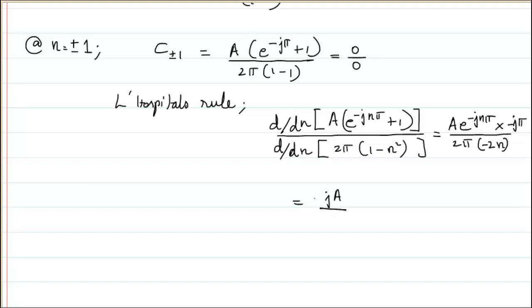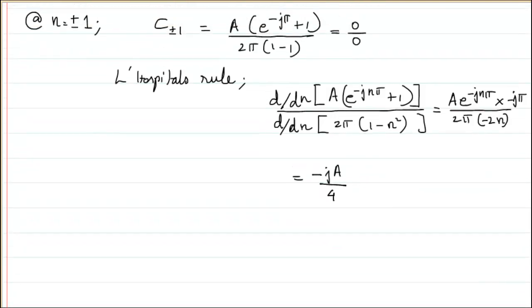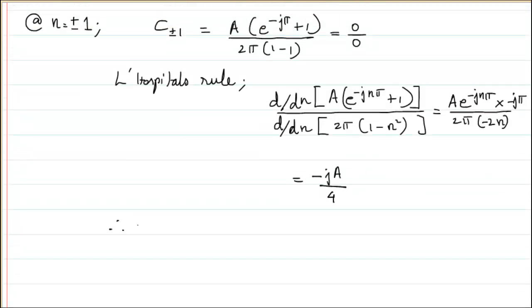So minus 4, minus I will take on top and I will get 4. Therefore C of plus minus 1 is going to be minus j a by 4.